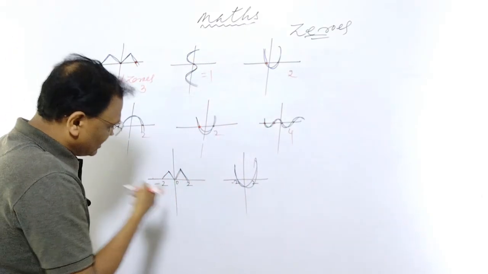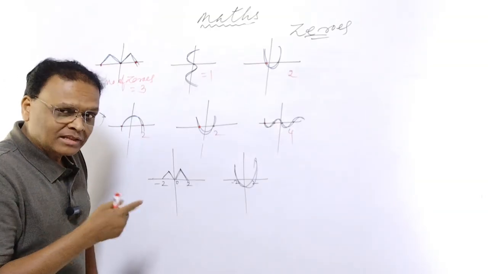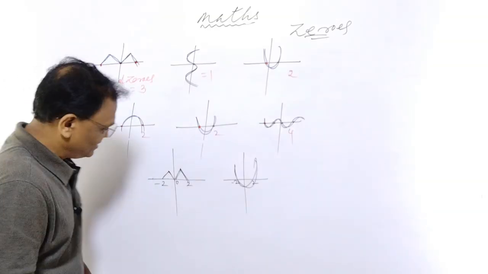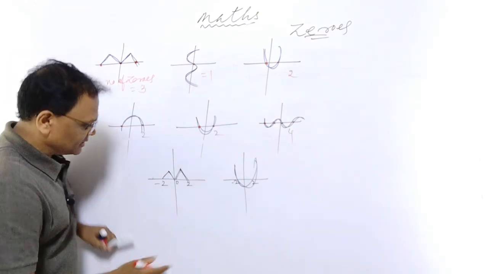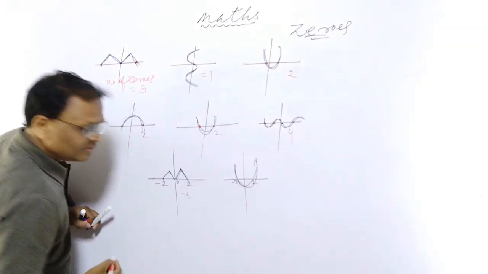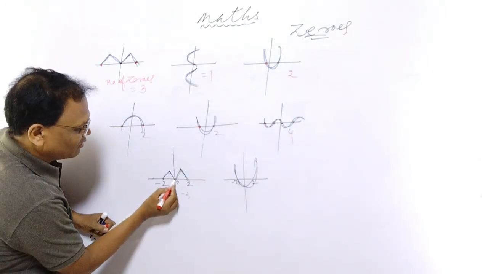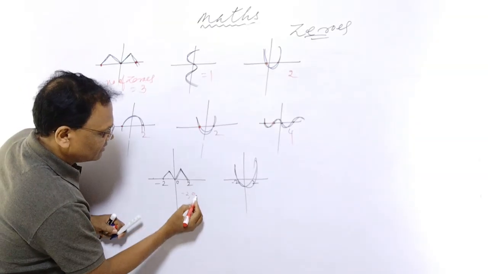Next. Here, tell me how many zeros? 3. But what are the zeros? Those zeros you can also write. See at which points the graph touches the x-axis. The first point is this one, so minus 2. The second point is at the origin, so it touches at 0. The third is at this point.